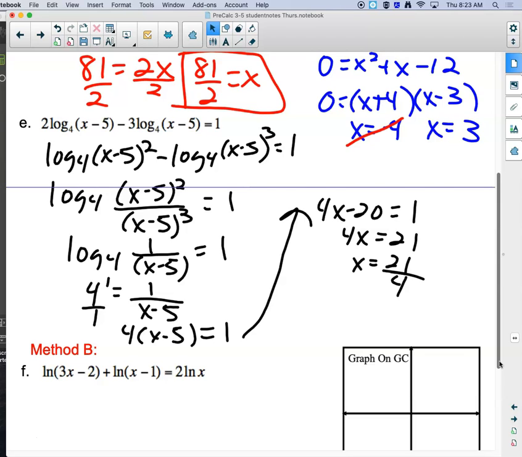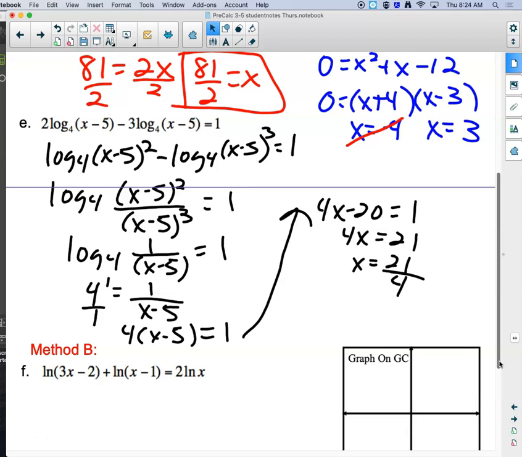And base 4, 1/4 power, 4 to the something is 1/4, and you just do those in your head to see what you get, because this would be -1. Then we have the same type of thinking here, where 21/4 minus 5 is 1/4, 4 to the -1, so 2 times -1 minus 3 times -1 equals 1, and it does.